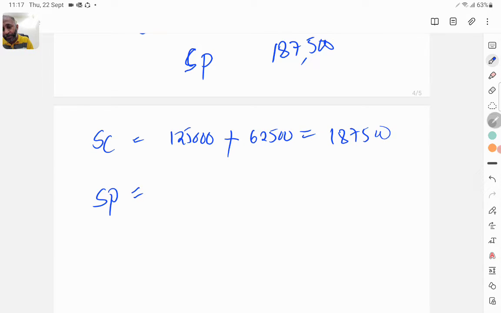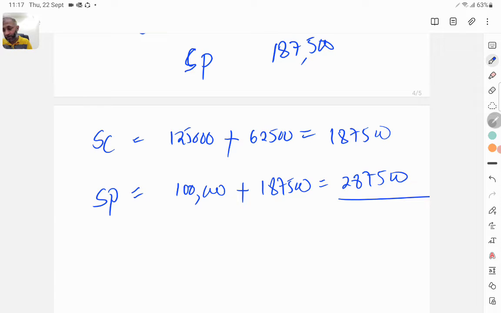Share premium, already I have 100,000 plus 187,500, that will be 287,500. If you take the total, 475,000 minus 250,000, 225,000. Yeah, that's okay.